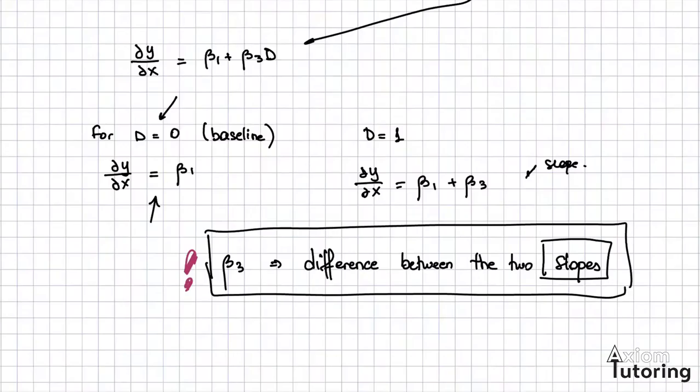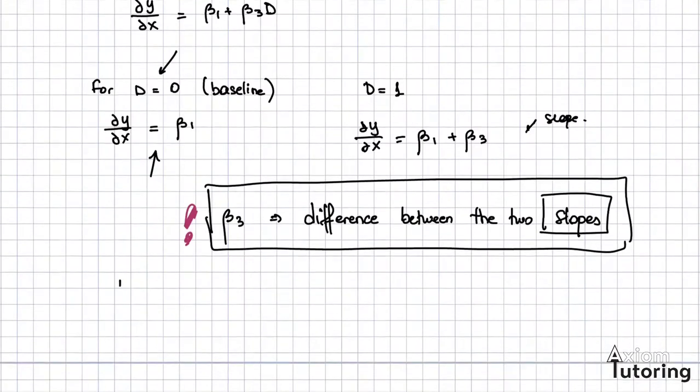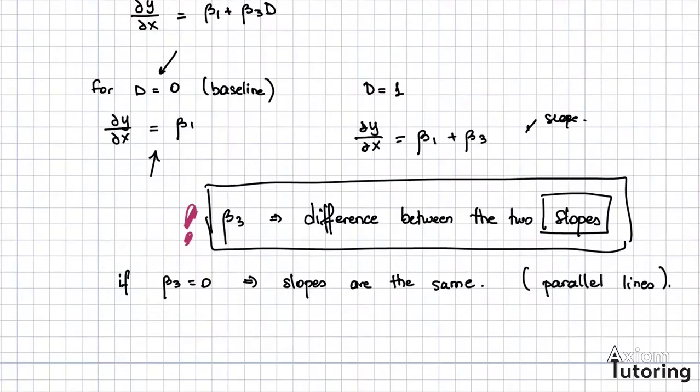And just as we said in the previous video, if beta 3 is equal to 0, that just means that the slopes across the two groups are the same, because the difference that was supposed to make them different is actually 0. Which means that if the slopes are the same, we have parallel lines. Okay? So it means that the interaction term is literally adding nothing.